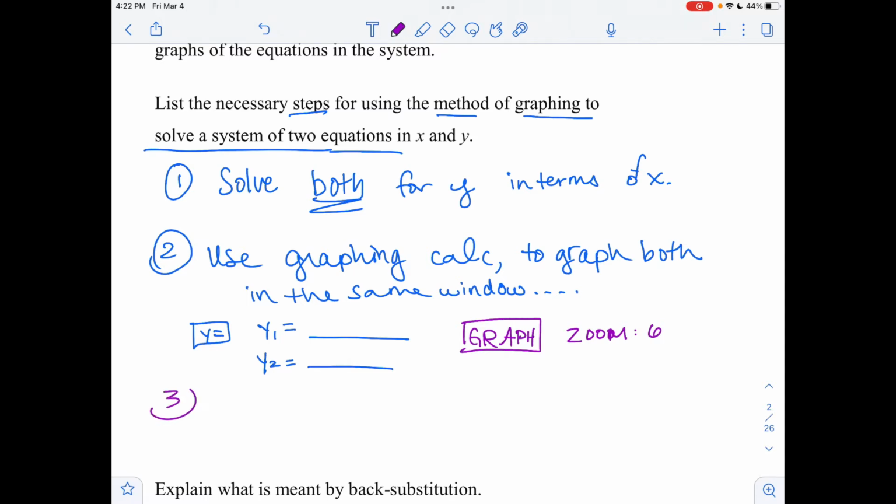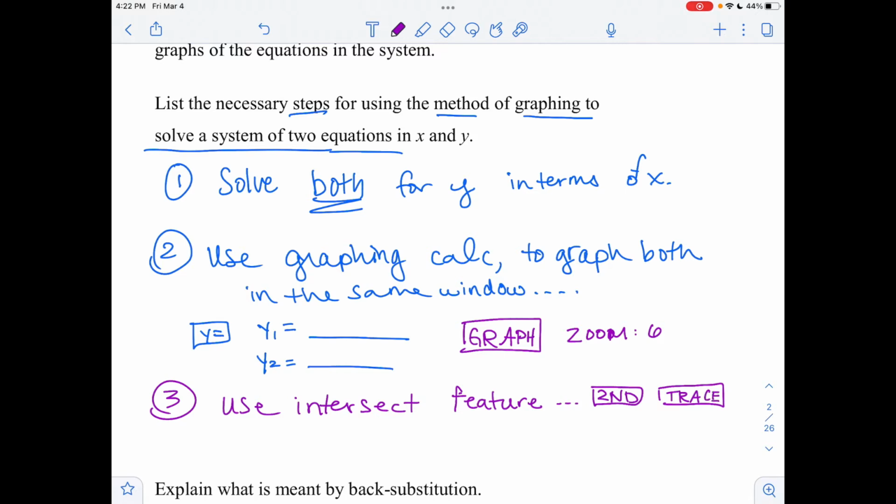And then step three, you can use the intersect feature. So in order to see exactly where they intersect, here's how you do it. You're going to hit the second key, which is that upper left blue key or other colored key, and then you're going to hit the trace key.